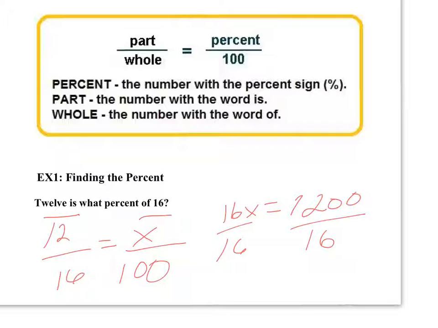We know that 16 can go into 120 approximately 7 times. And we end up with 120 minus 112.